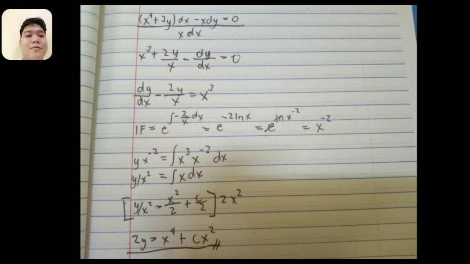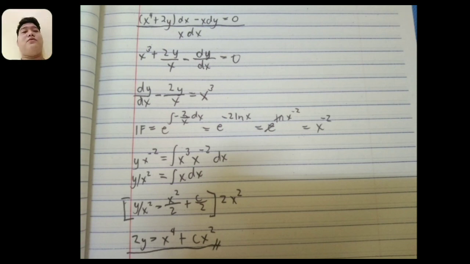So y over x squared equals x squared over 2 plus c. The integral of x dx is x squared over 2 plus c.